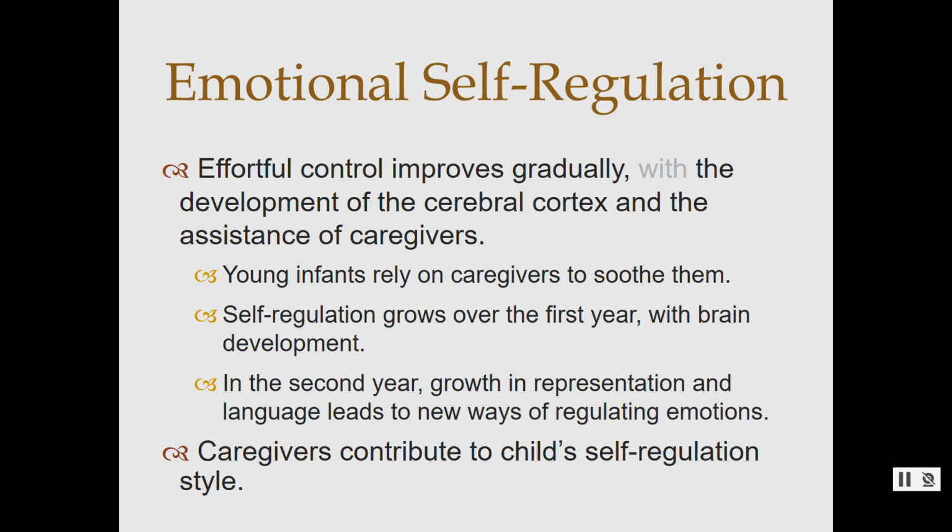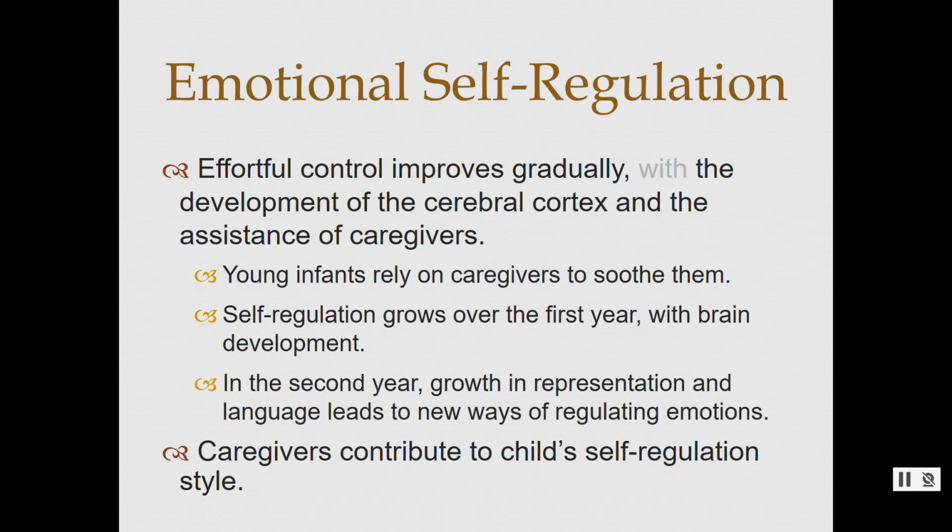And lastly, self regulation. Children, again, don't always know how to regulate their own emotions, how to deal with these feelings that come up. It gets a little bit easier as they have more brain development. But again, a lot of them rely on caregivers to help soothe them when they're feeling upset. And as they get more language, they can start expressing more about what's going on.